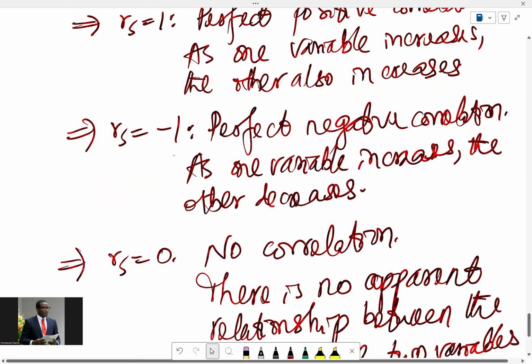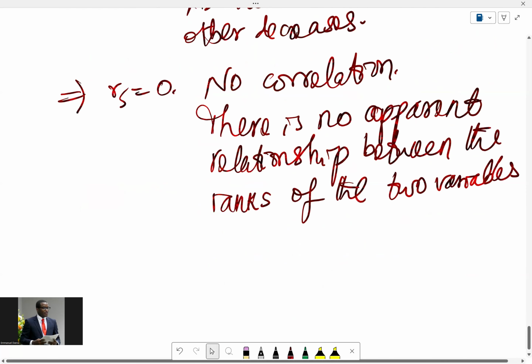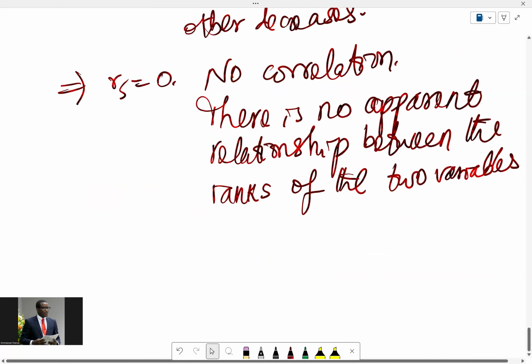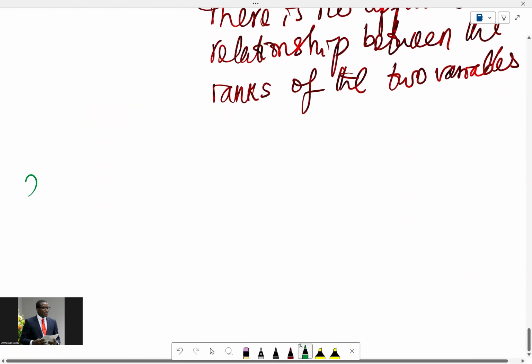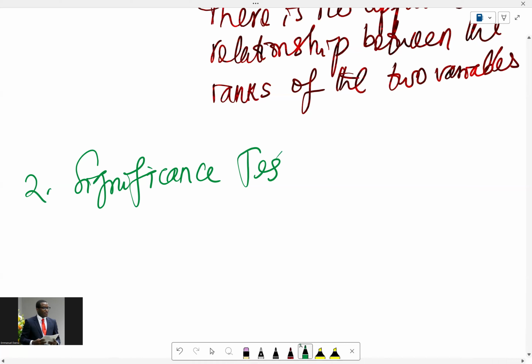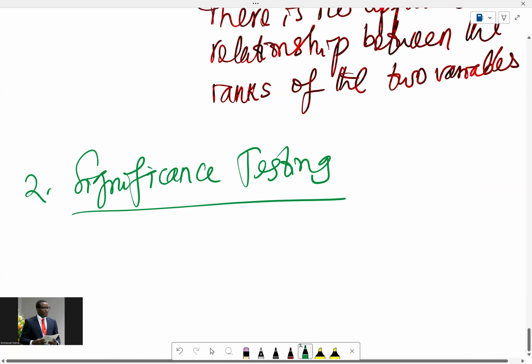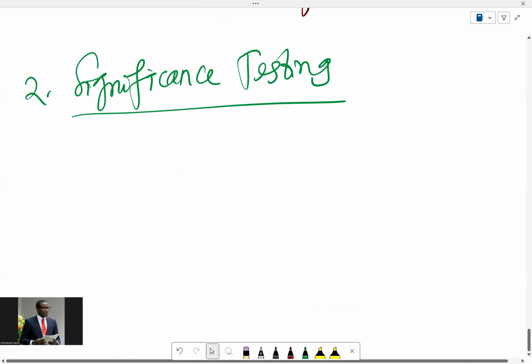So we go for significance testing now. How do you determine if a particular correlation coefficient is significant?